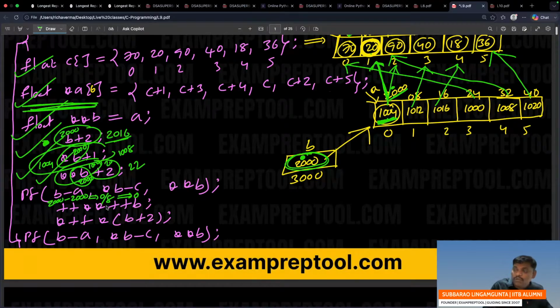Some people are asking, if you don't divide by 8, what is that number? If you don't divide, you will get the size.